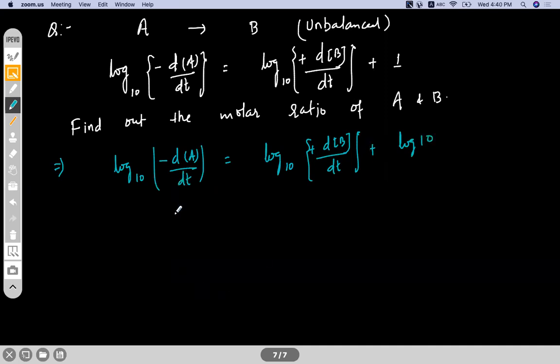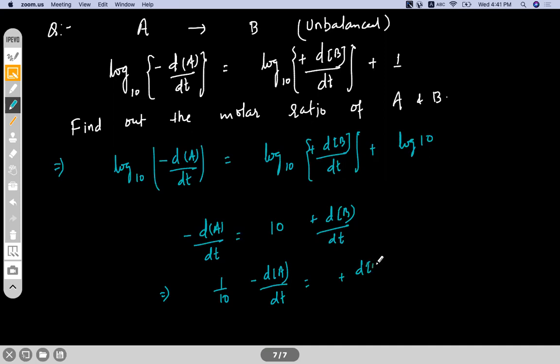Okay, so this is equal to minus dA by dt is equal to 10 times plus dB by dt, which further we can write as 1 by 10 of minus dA by dt is equal to plus dB by dt. So this becomes the stoichiometric coefficient. So reaction is 10A gives B. So ratio is 10:1.